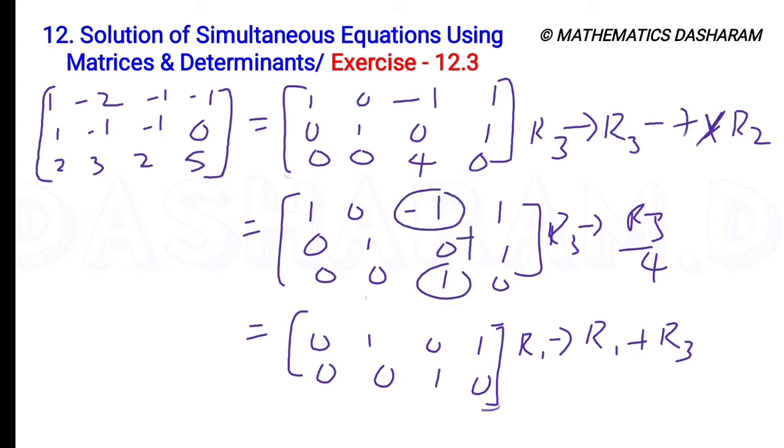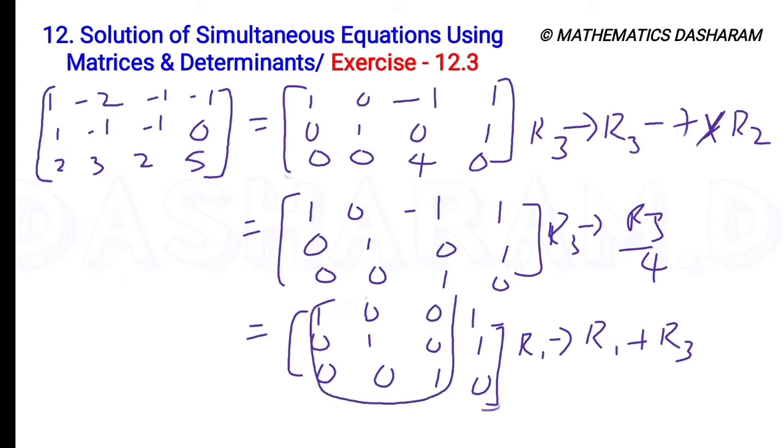When you add them, definitely you will get the 0. So here 1 plus 0 is 1, 0 plus 0 is 0, minus 1 plus 1 is 0, 1 plus 0 is 1. Now observe it, it is a 3 by 3 identity matrix of order 3.